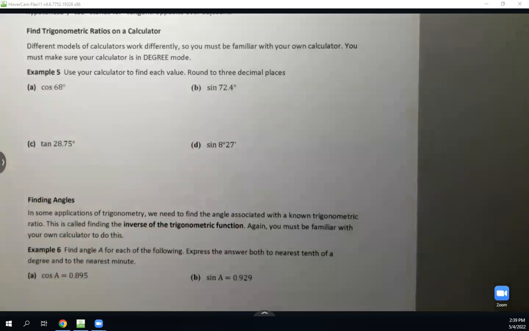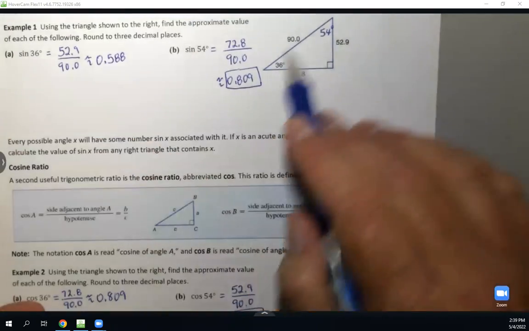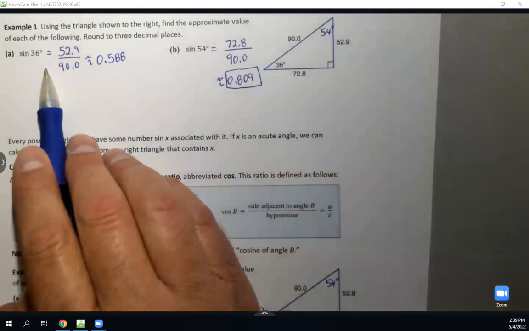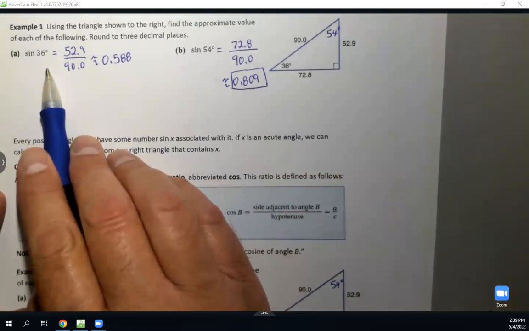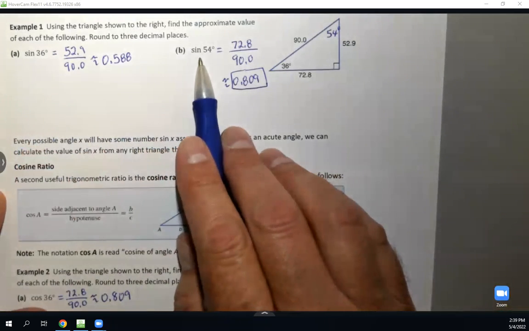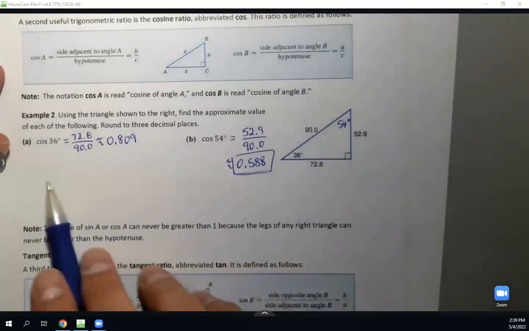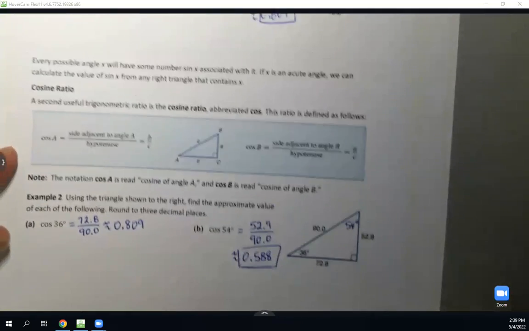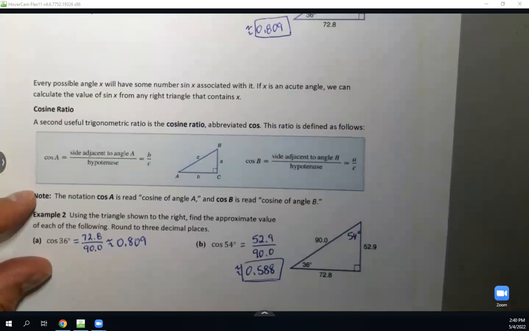So like back here, using this triangle, we found the sine of 36 degrees. I could find the sine of 36 degrees on my calculator. I can find the sine of 54 degrees on my calculator. I can find the cosine of 36 and 54 degrees. I can find the tangent of 36 and 54 degrees on my calculator, okay? So I just want to show you that, okay?